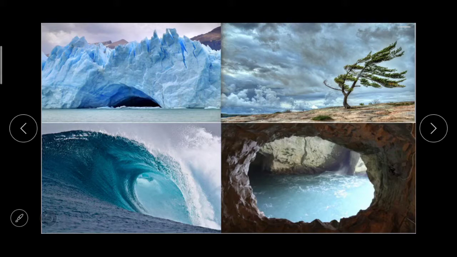The agents like running water, glaciers, wind, sea waves and groundwater do the work of erosion, transportation and deposition. Because of these agents, the earth's surface keeps on undergoing changes and new landforms are formed. So, here in this topic we will study some of these landforms.